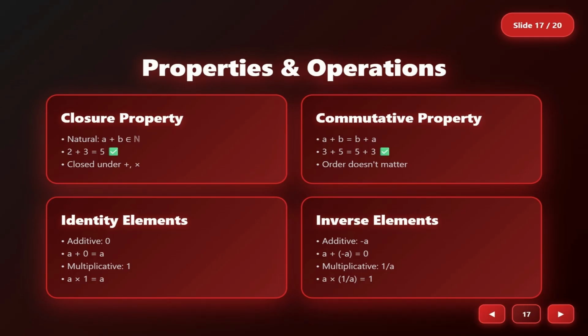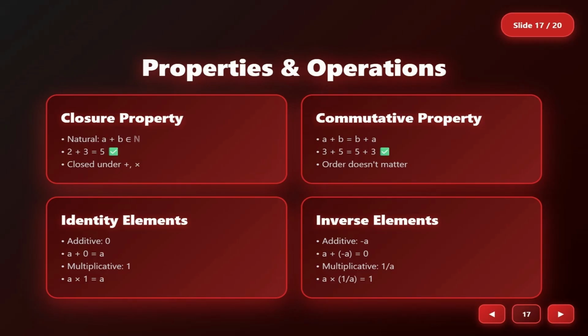Now, what are the inverse elements? Additive inverse. For example, you have a number A and the additive inverse of A is minus A. Because when you add these two, A and minus A, you get 0. So, minus A is said to be the additive inverse of A. Similarly, vice versa.